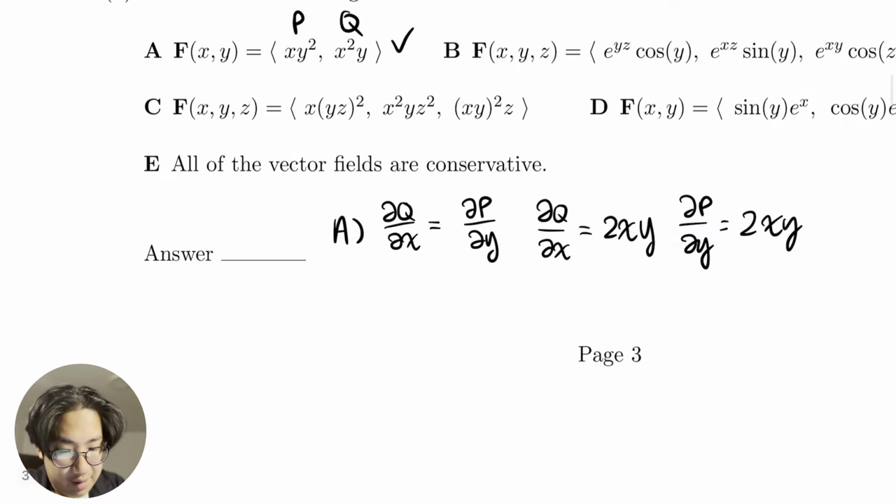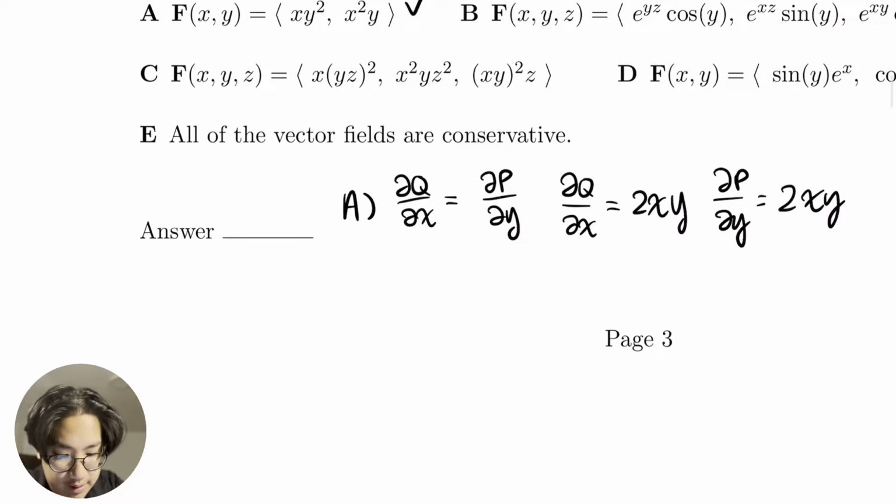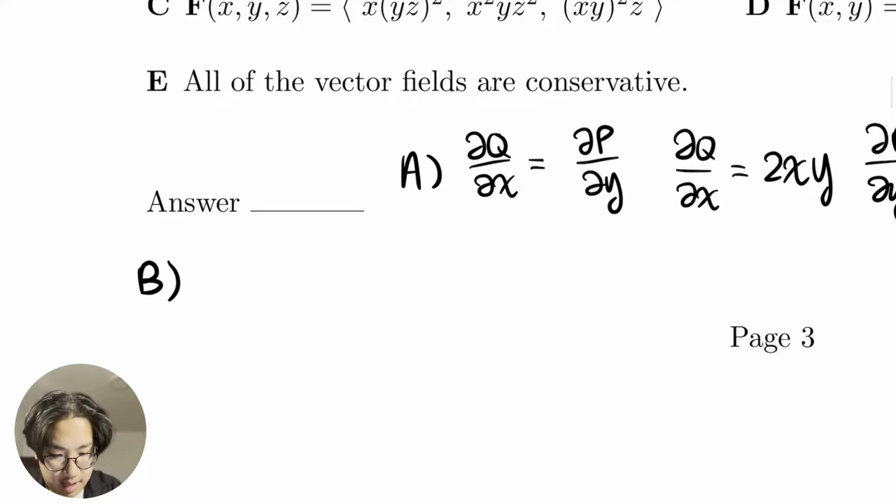Part B, we have a three-dimensional vector field. So the quickest way, or the most, I guess, straightforward way, is to check whether the curl of this vector field is equal to 0. So really quickly, we can check the following. So yeah, we know that the curl of f, and again, I don't remember this off the top of my head, but we'll quickly copy it down.